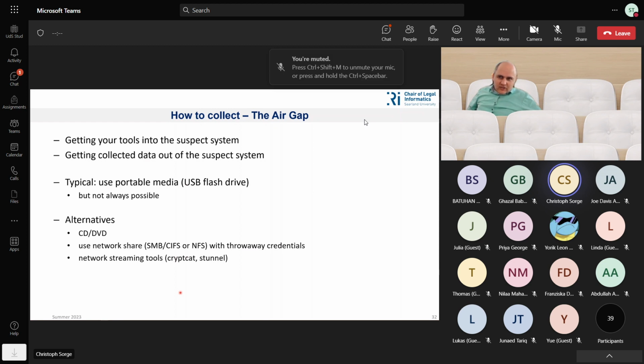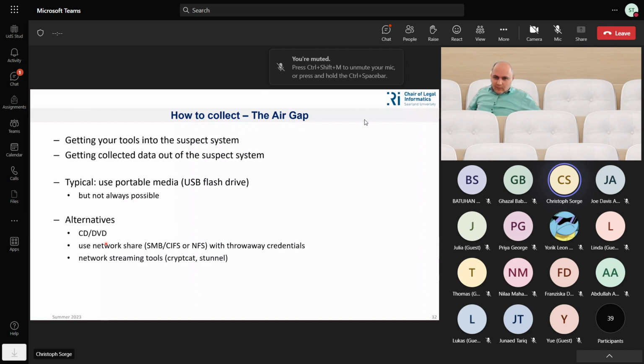Next issue, how to get your tools onto the suspect system. I mentioned before that you will often use a USB flash drive to do that, and you can also use that to get the collected data out of the suspect system, but a USB flash drive might not be feasible, for example, because the system does not have a USB port. The system might have a CD or DVD drive, getting less and less common nowadays, but they do still exist.